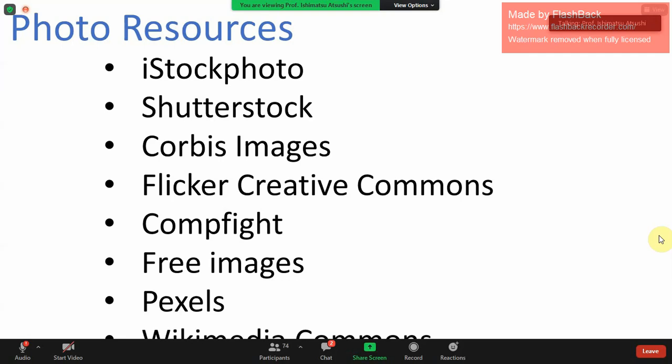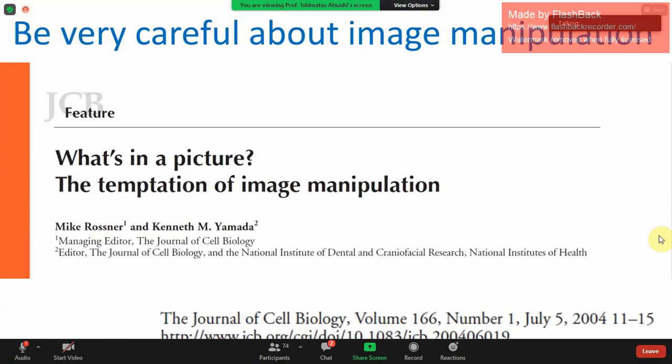Some of them are free, you don't have to pay, but some others charge you, so be careful about that. There are many sources of photos on the internet, and also icons. There are many sites for icons that you can use for your presentation. Actually, I use some of them, the free ones, for this presentation.